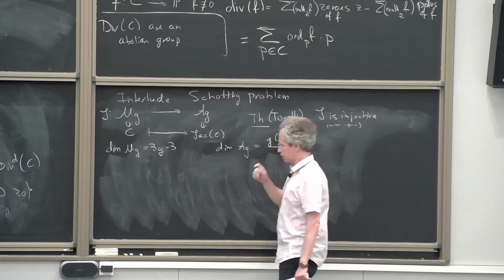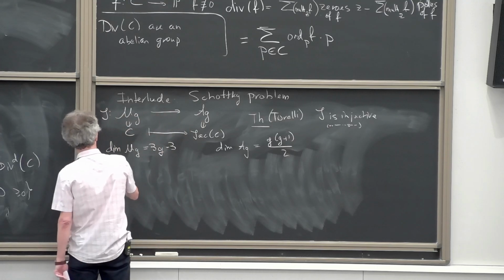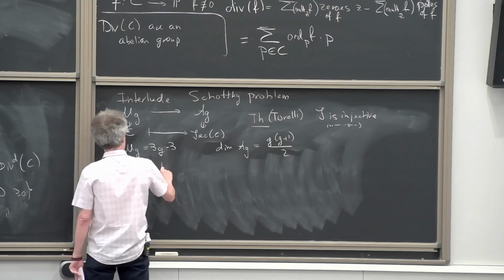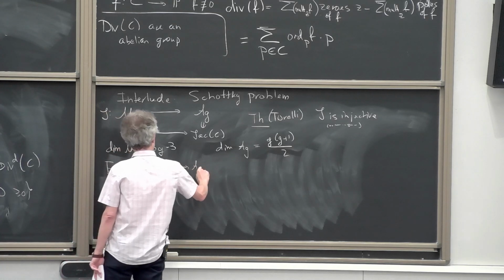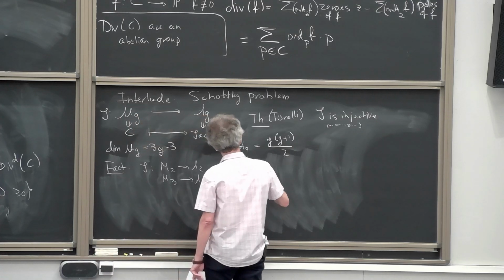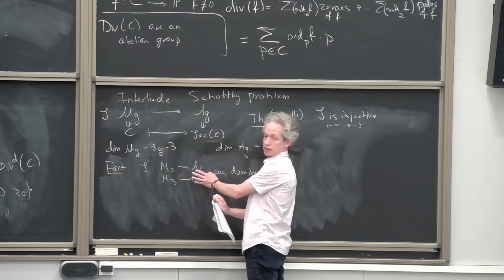You can check what they are, and they're both irreducible. And in fact, the Jacobian map from M2 to A2 or from M3 to A3, they are dominant maps. Dominant doesn't mean they're isomorphisms, it means the image is dense, right?